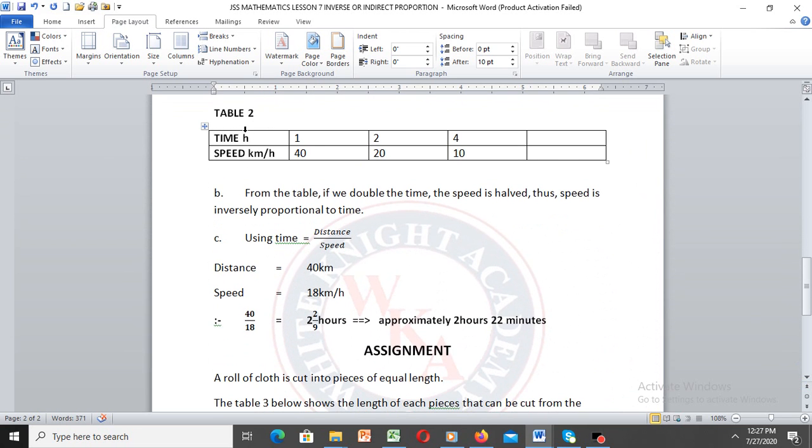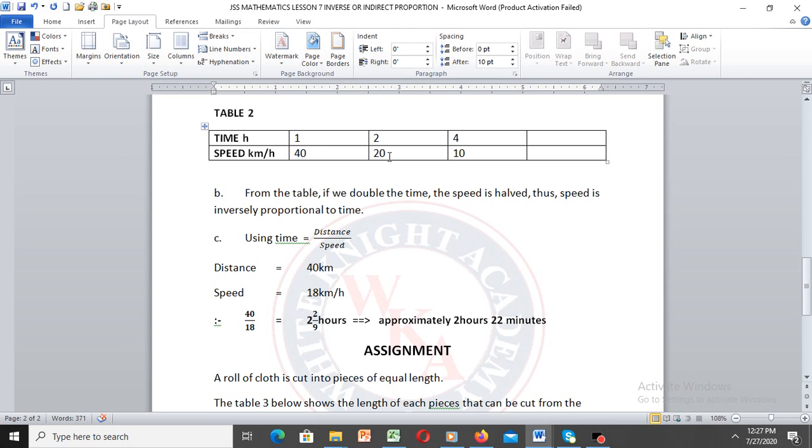Table 2. Time in hours, speed in kilometers per hour. So the variables we are comparing are time and speed. If the cyclist is moving at a speed of 40 kilometers per hour, then he will cover his distance within 1 hour.